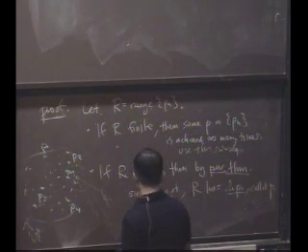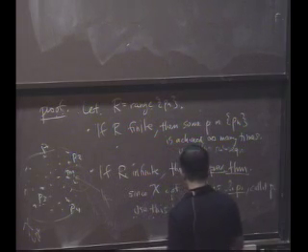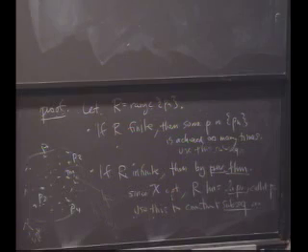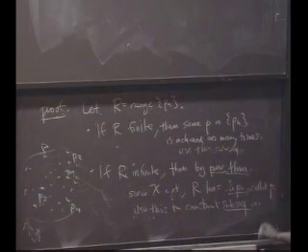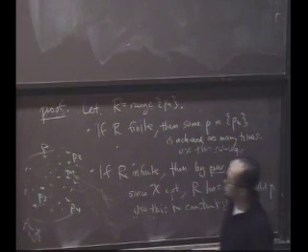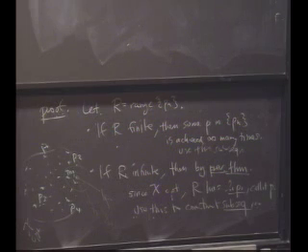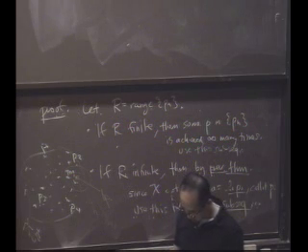Use this to construct a subsequence. And I'm not going to write that out, but it's basically using this idea. Okay, so very nice, very beautiful idea. If the space is somehow small enough, compact enough, X must be sequentially compact.